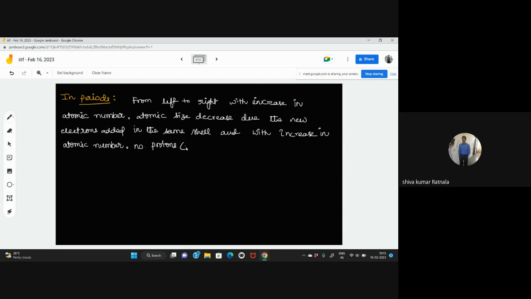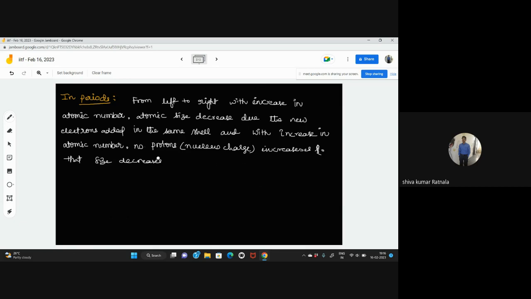Number of protons means nuclear charge increases, so that size decreases.